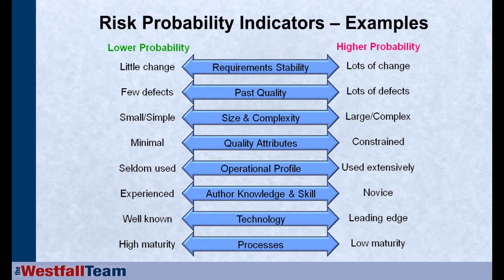But if it has to have features as well as very secure features, very safe features, very user-friendly features, the more quality attributes that apply, the more possibility something's gone wrong. The more you're going to want to extensively test to get confidence that not only the functionality works, but that all the quality attributes have been met.